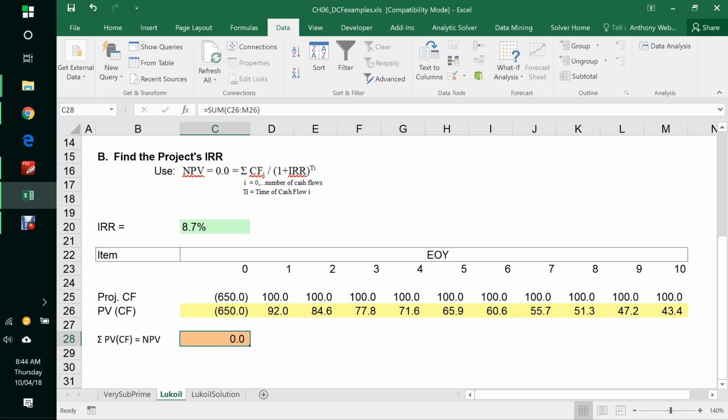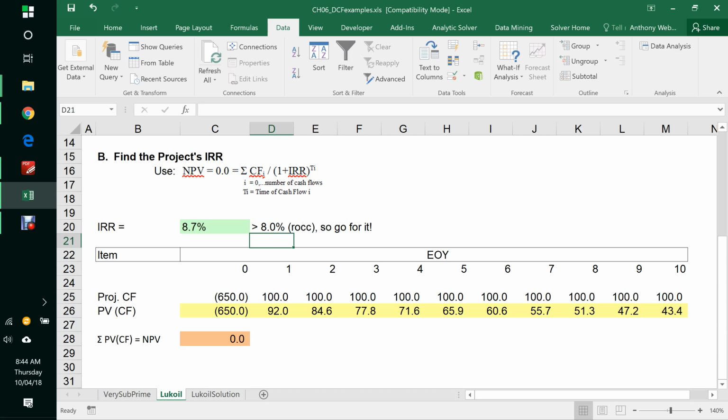Okay. And that is greater than our ROCC. So in this case also, we'd want to go for it.